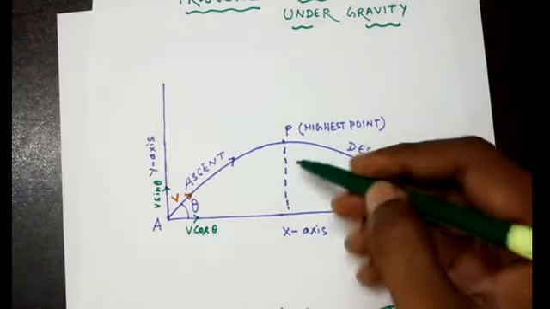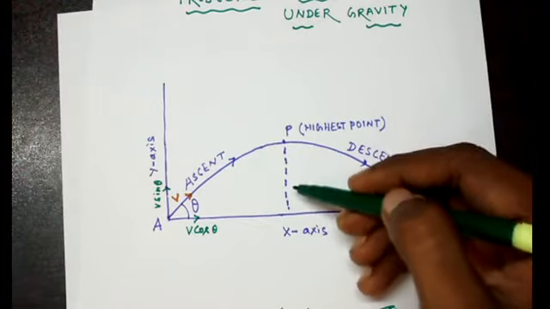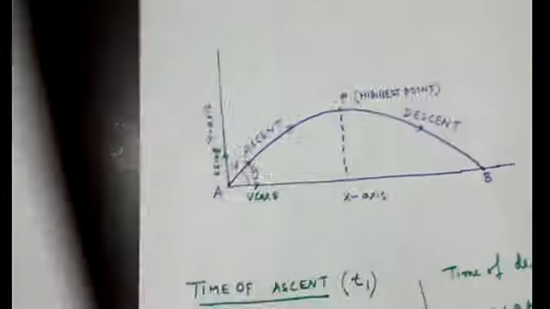We have to find this vertical displacement, the maximum vertical displacement that occurred. So let us try to do it.